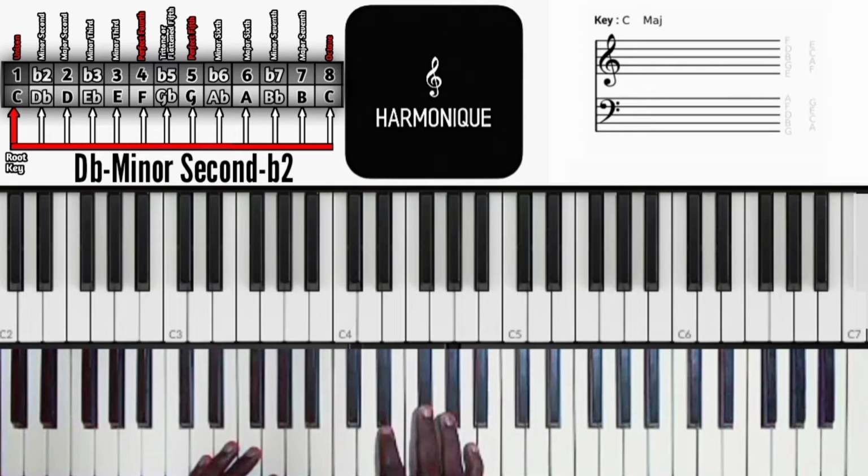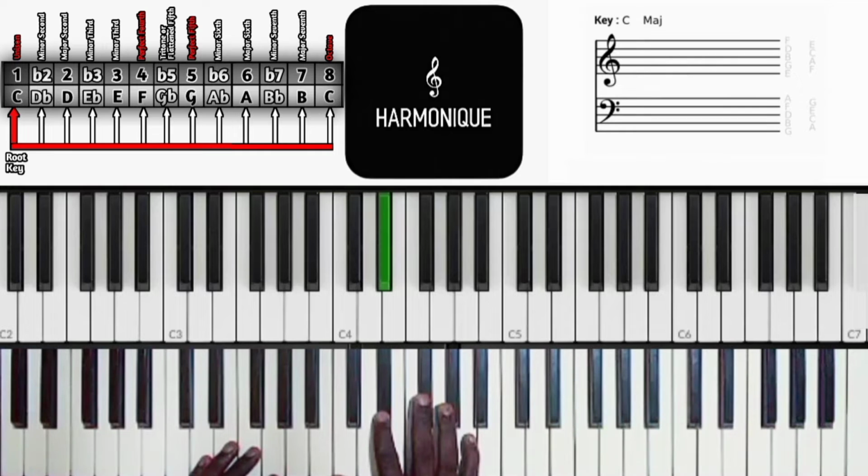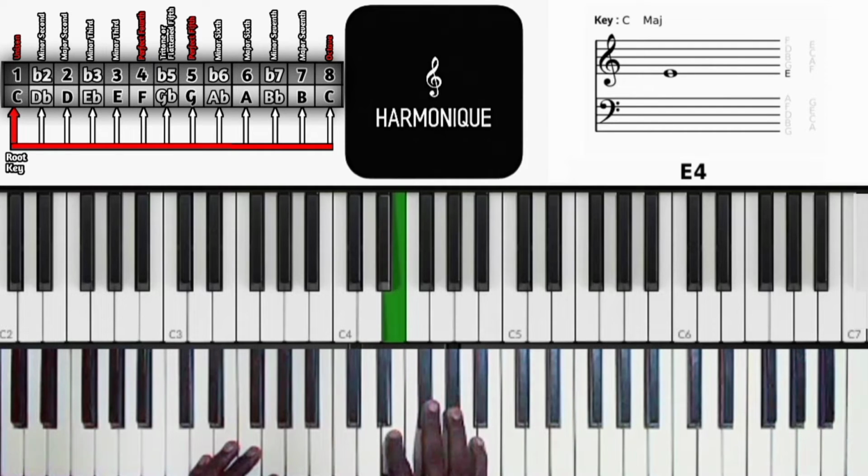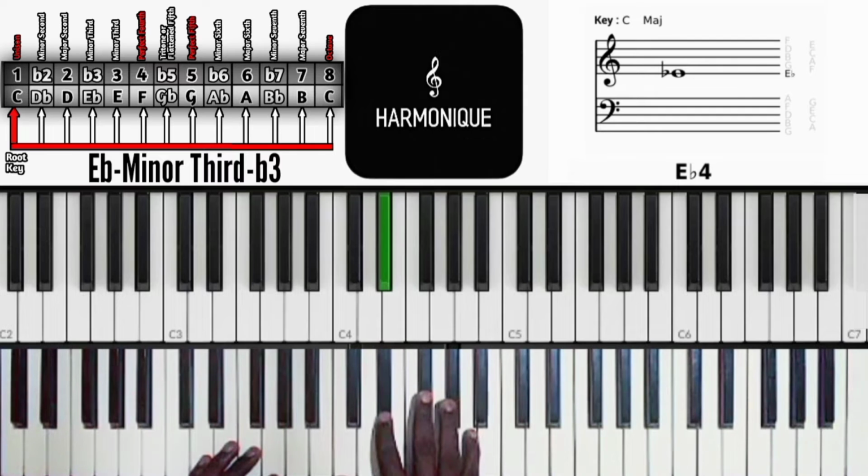Same principle applies to the rest of the non-diatonic keys. So moving up, since E flat is simply a flattened E, which is the third degree of the C diatonic scale, we will then say that while E is at an interval of a major third from C, E flat is at an interval of a minor third from C, and it is numerically represented as flat 3.